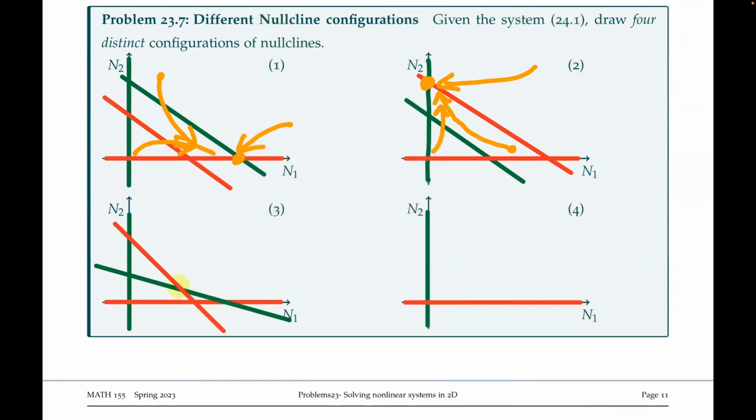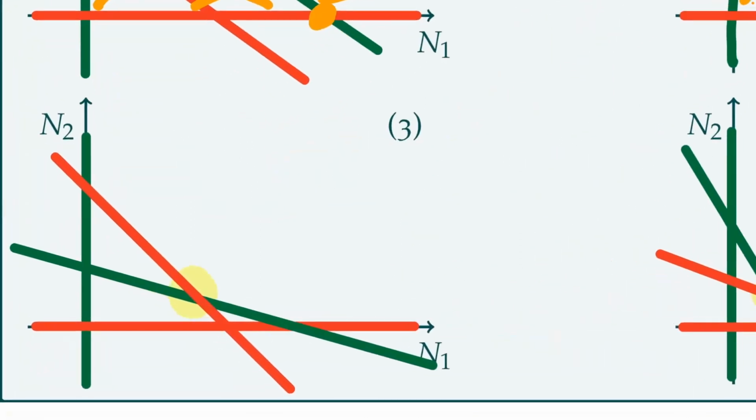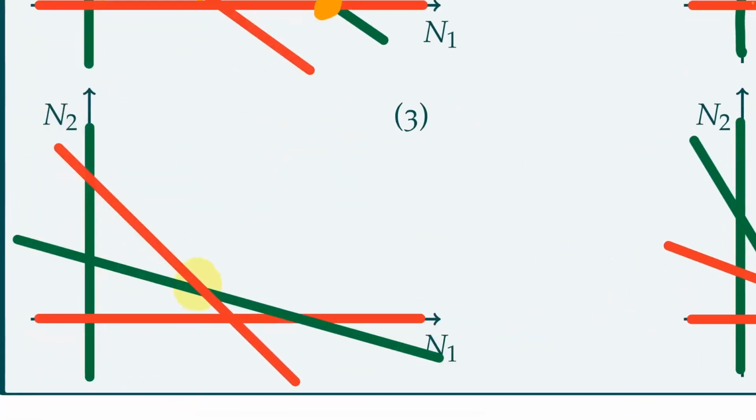But this isn't the only orientation we can have. We could have something that looks like this instead, where we just switch those 2 around. I'm going to zoom in on these to make it a little bit easier.